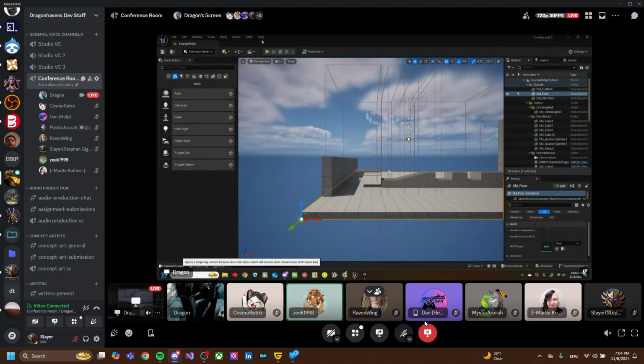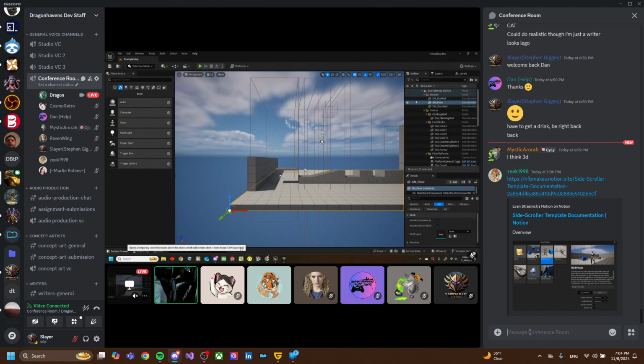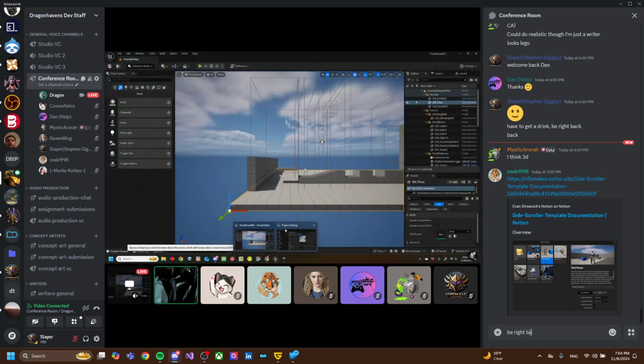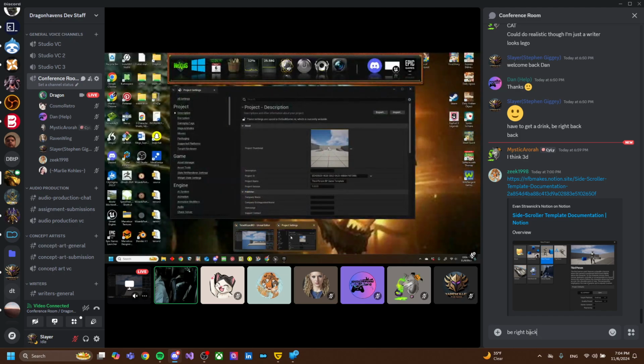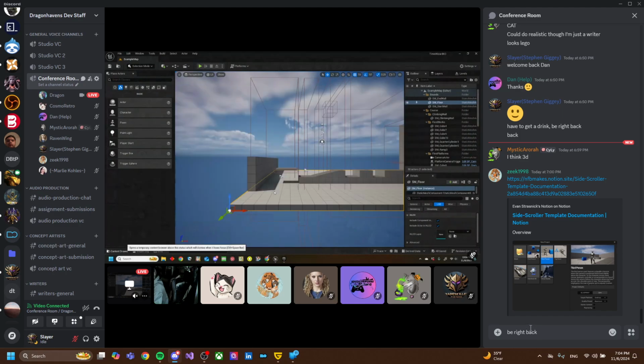Are you trying to look for the content drawer? Yeah, but it's not opening because I've got this other project settings window open, and I can't get to it to close it because it's apparently behind the... Probably you need to exit out of the project and back in.